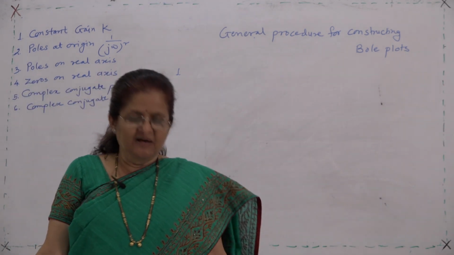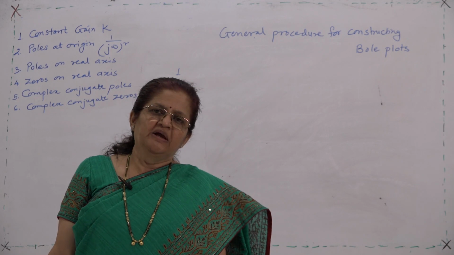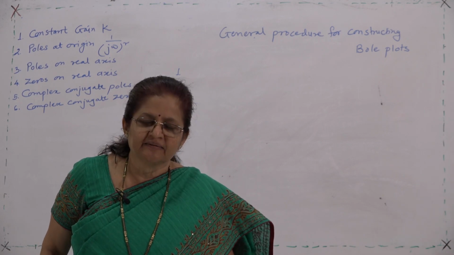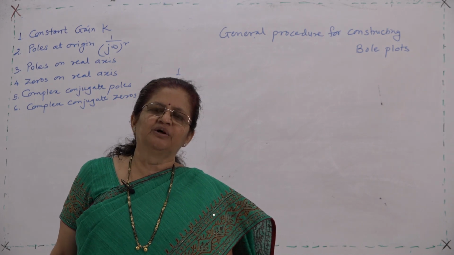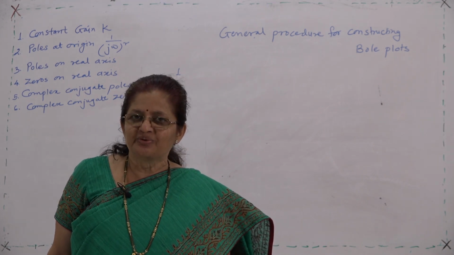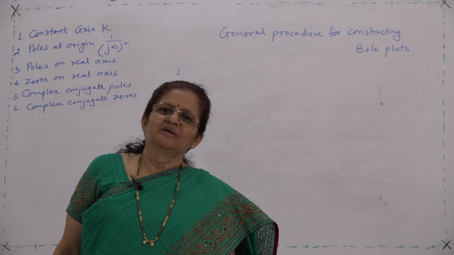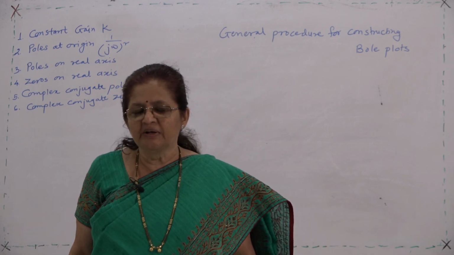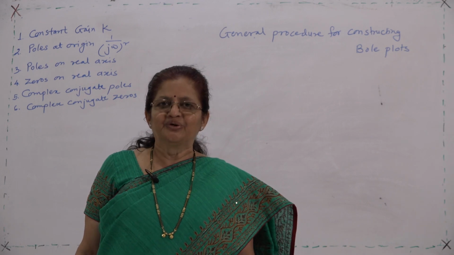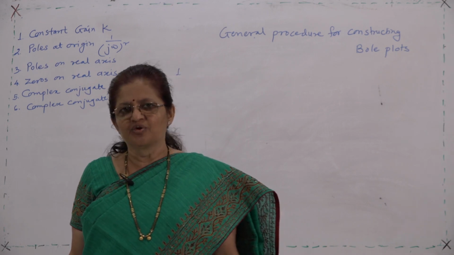Whenever the example is given, it may be in the time domain. Then what you have to do is convert that time domain to frequency domain. How do you do that? Replace s by j omega. The transfer function may be in pole-zero format; then convert it into time constant form.